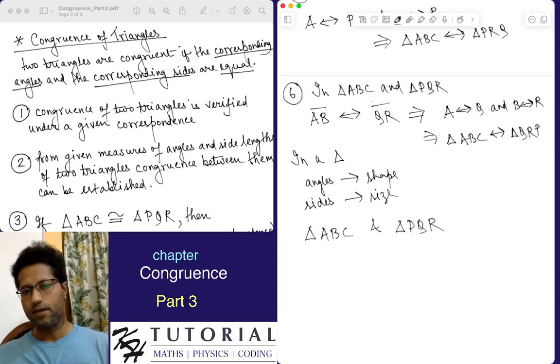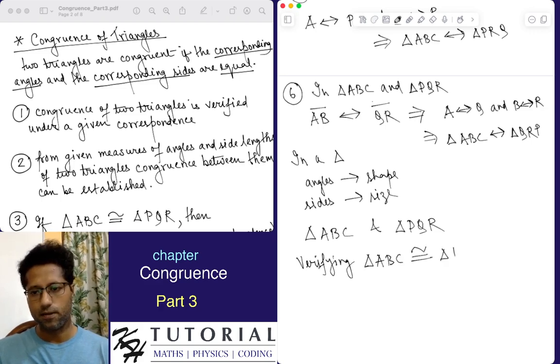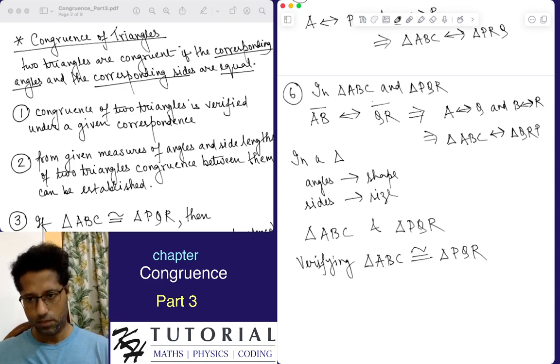When it is about verifying whether triangle ABC is congruent to triangle PQR or not, it is basically asking you, under the correspondence, which is indirectly implied or automatically given, to use this correspondence and prove that they are congruent.